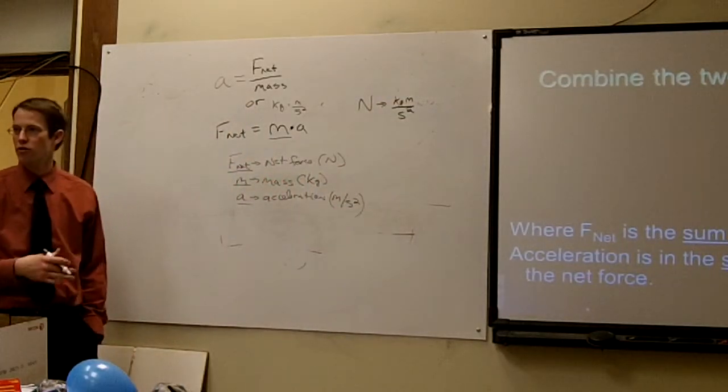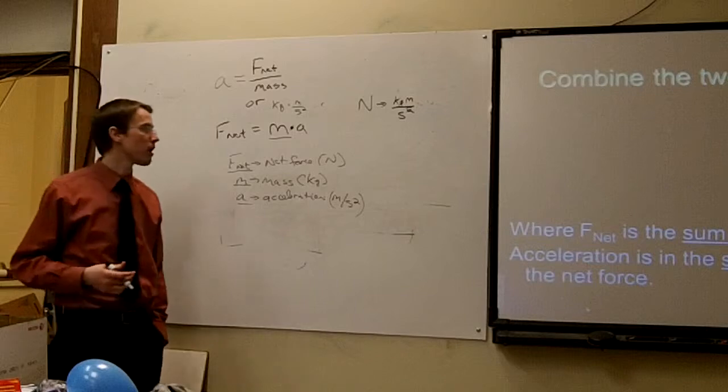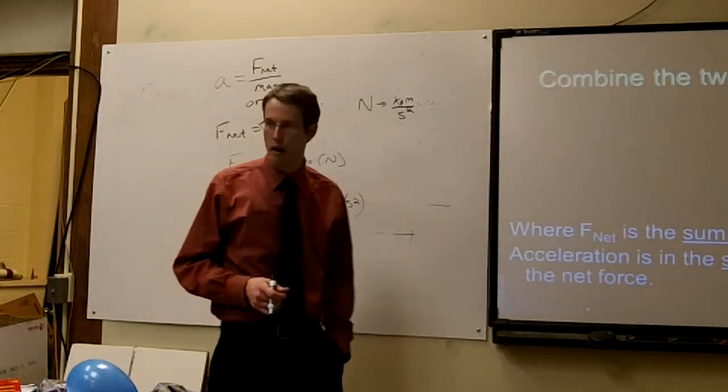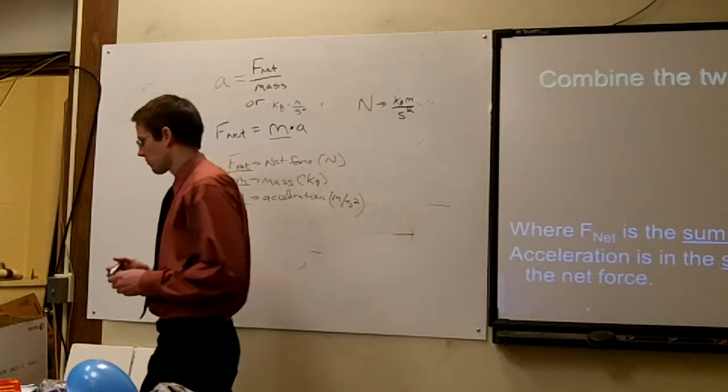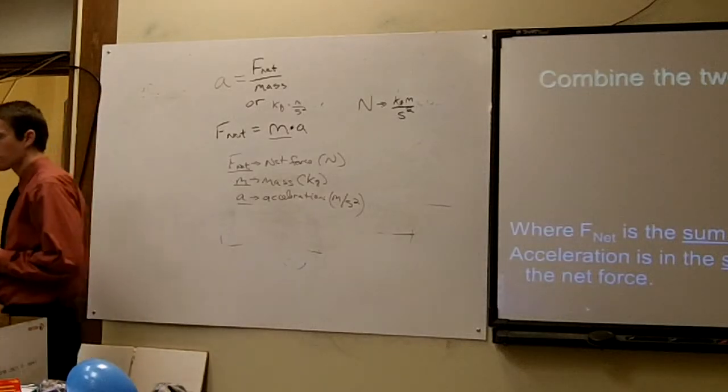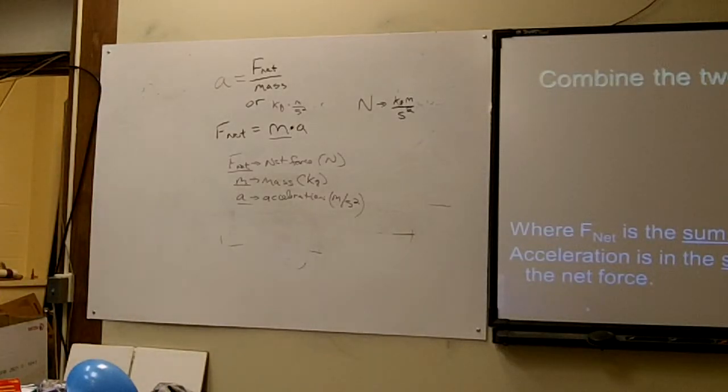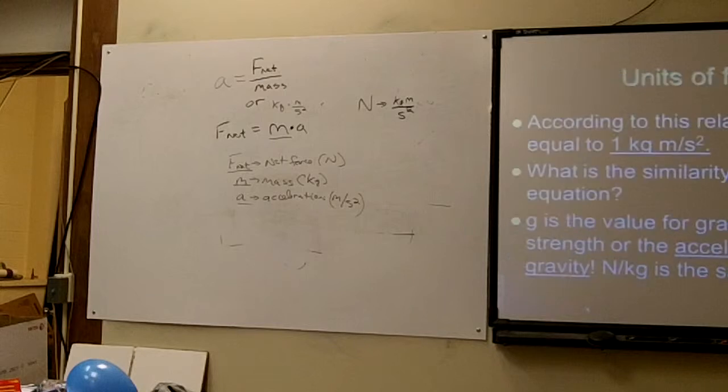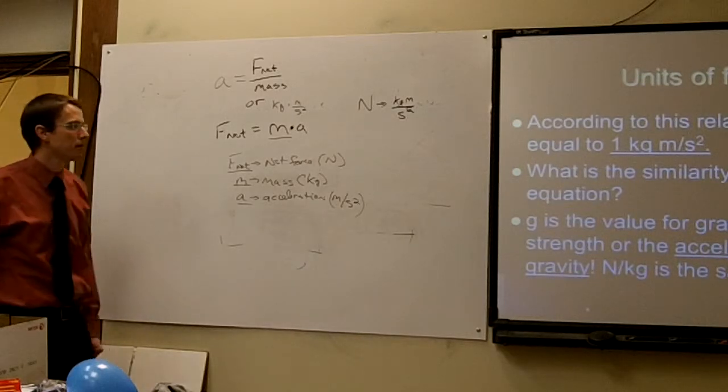If you broke down a newton, you can break it down into a kilogram meters per second squared. All right, so according to this relationship, one newton is 1 kilogram meters per second squared.